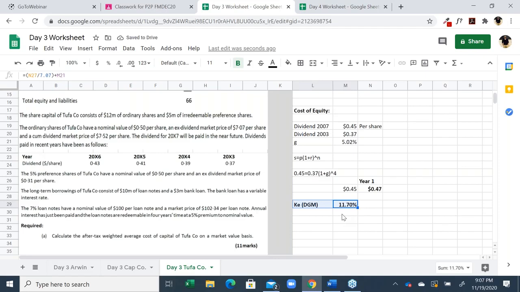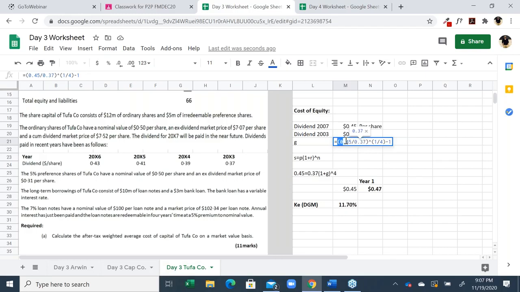Is it clear? So let me take you to the growth formula again, because somebody asked about it. The simple way to calculate the growth was just to divide your latest dividend by your earliest dividend first.